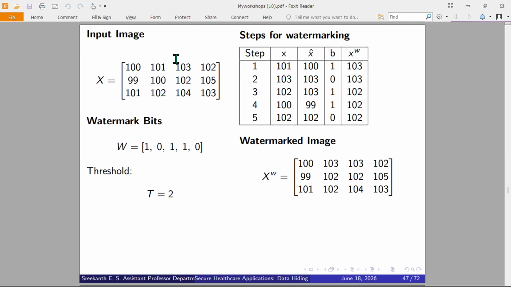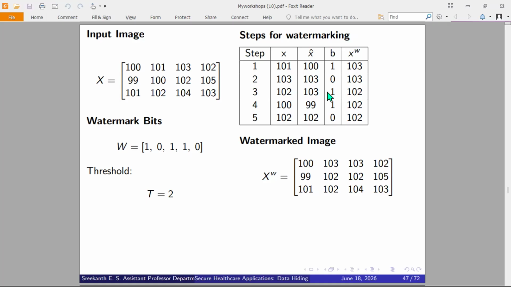Now we use this 103 for the next prediction, right? So the next pixel is 103, which will be compared with 103, and there is no error at all, so you will get 103 itself.